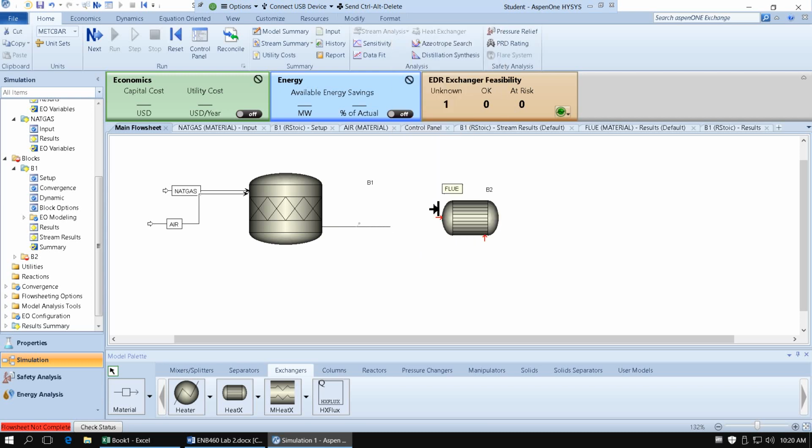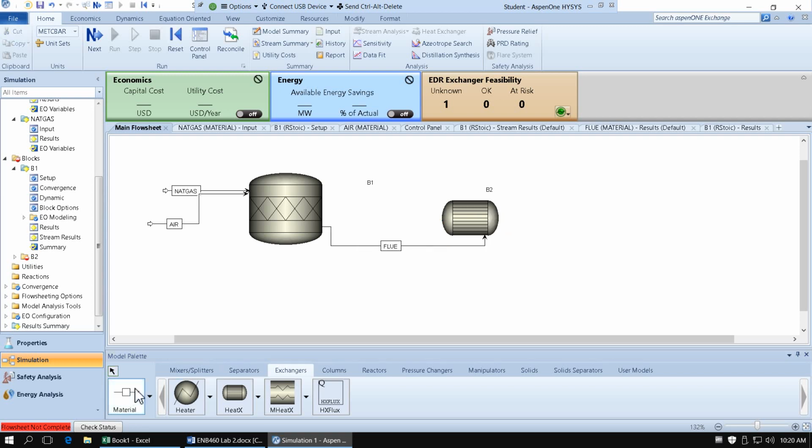Reconnect destination to the hot port. So we know that it's a hot fluid because it's 1,700 degrees Celsius. And that's the stream that needs cooling in the heat exchanger. So we need to connect it to the hot port. So this one's cold and this one's hot. So we'll connect it to that.